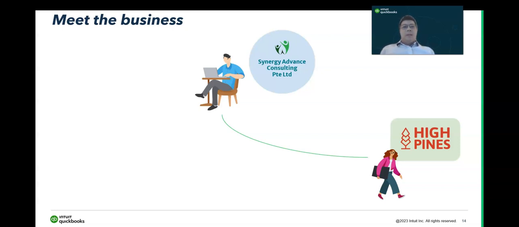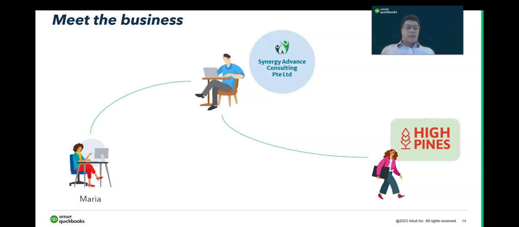Synergy Advanced Consulting currently has an employee called Maria. Maria has been entering the data for expenses only, and the company doesn't want Maria to have access to the invoice or quotation, only the expense function. On the other hand, they have Daryl.